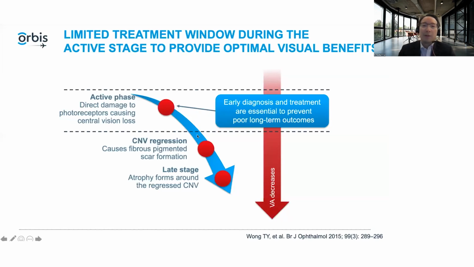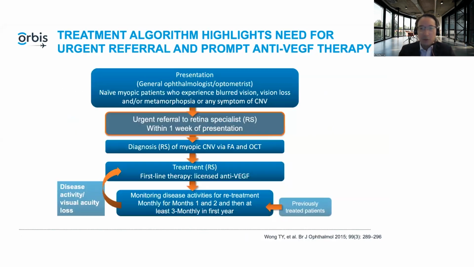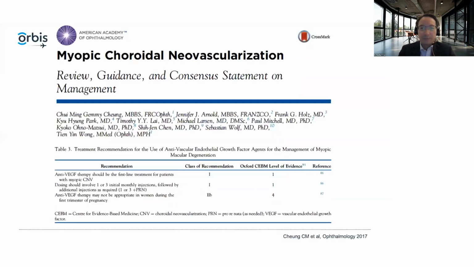Once the lesion gets bigger and already has some fibrosis or even atrophy, the patient's vision cannot be salvaged. That's why we recommend patients be referred to a retinal specialist, someone who can do injections, inject them early, do 1 treatment, and then monitor them monthly for a few months, and then at least every 3 months for the first year in case of recurrences.